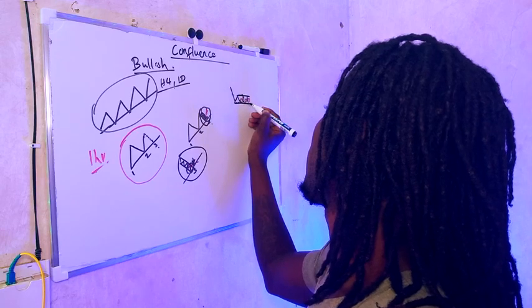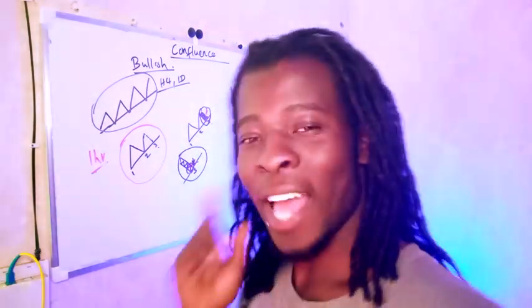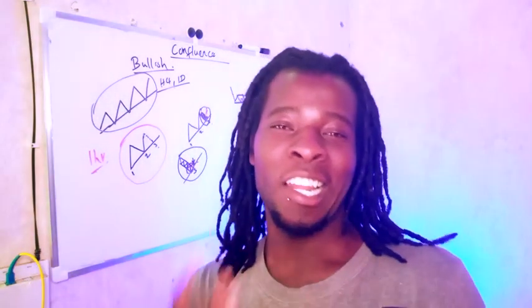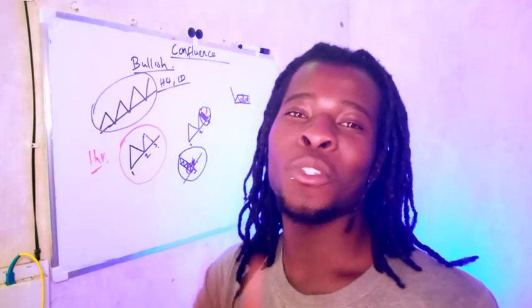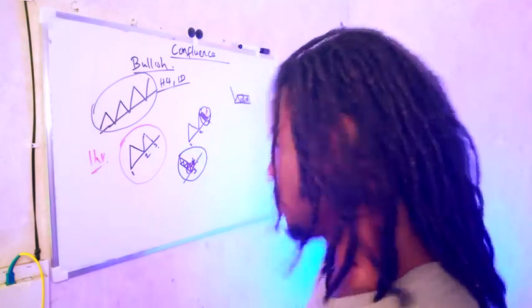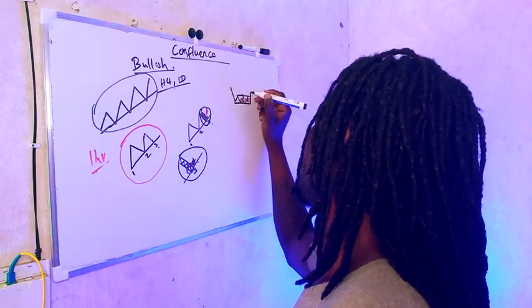You've not taken a shot. So what are we waiting for guys? What we're waiting for is a bullish engulfing candlestick to close above our supply zone. This is what I'm talking about. We need a bullish candlestick to close like this.